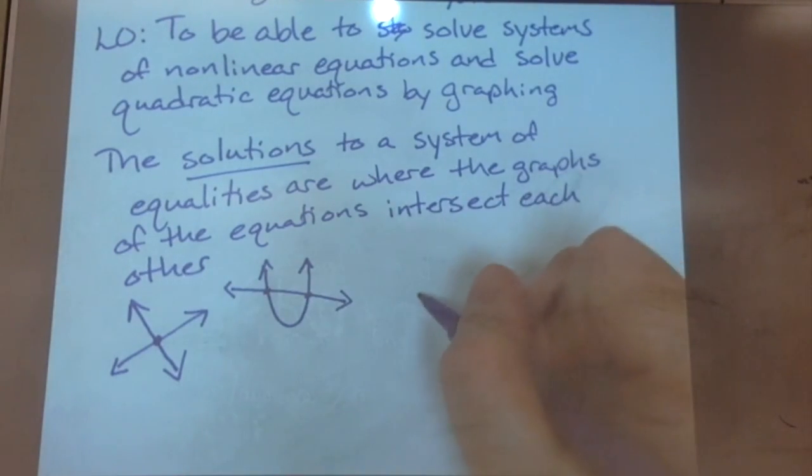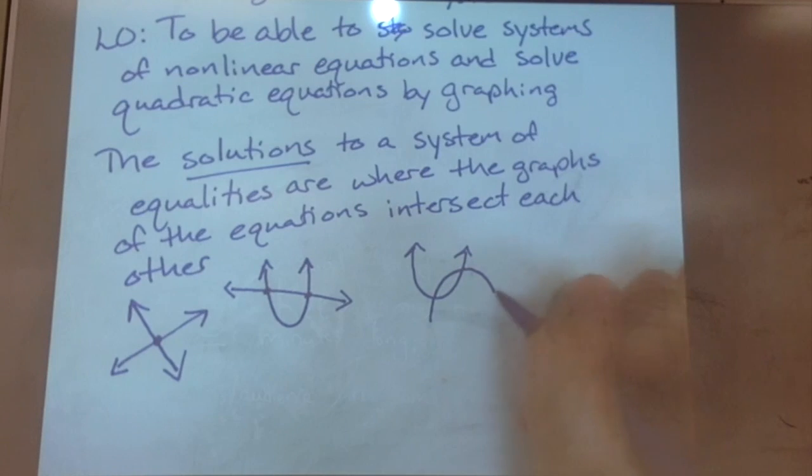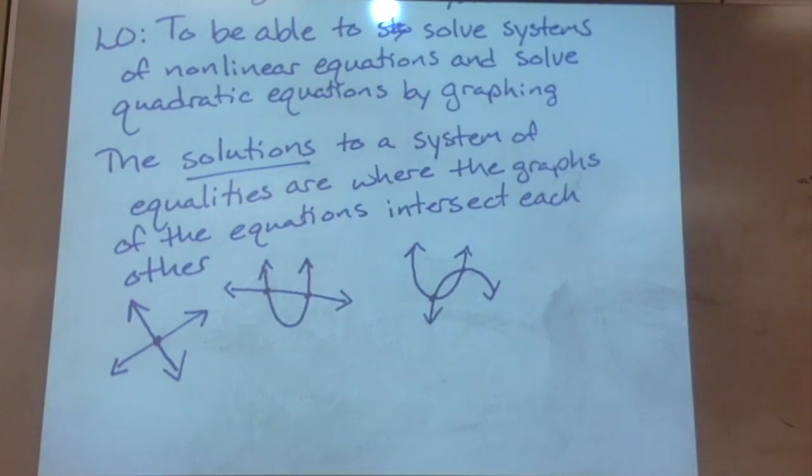And if you have two parabolas intersecting, for example, that could also have 2 points of intersection. So those are just 3 examples of systems of equations, two equations that when you graph them, they cross.